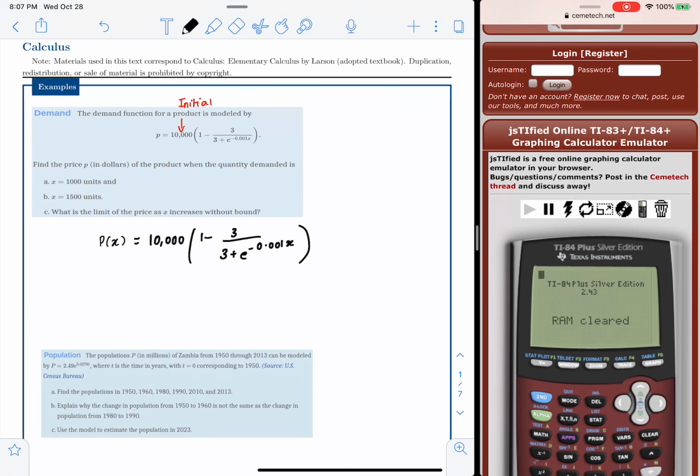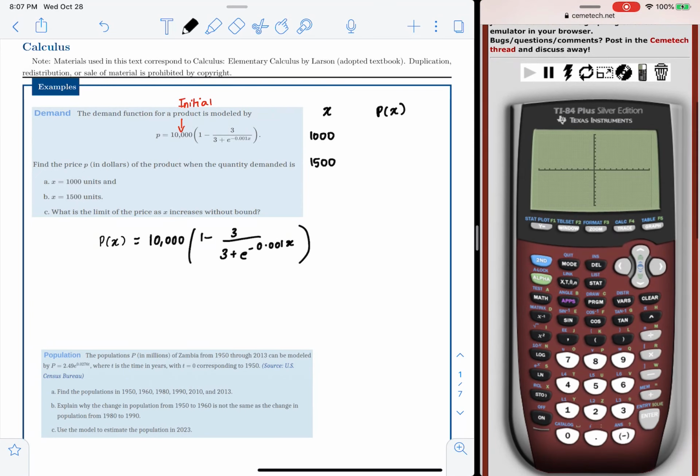So we want to evaluate the price with respect to x. The first is when x is 1,000, the other is when x is 1,500. So the two values are 1,000 and 1,500, and we want to find p of x. This is very straightforward, especially if we had a calculator.